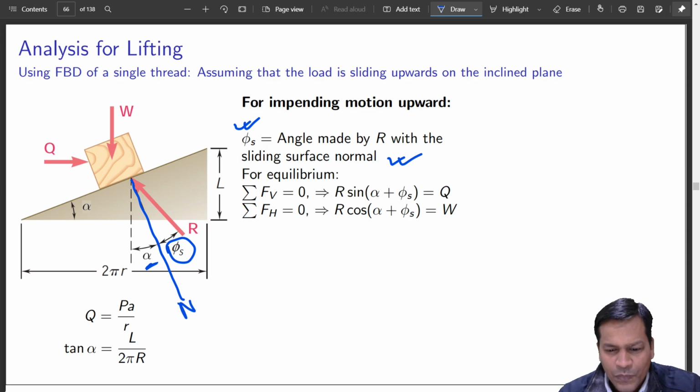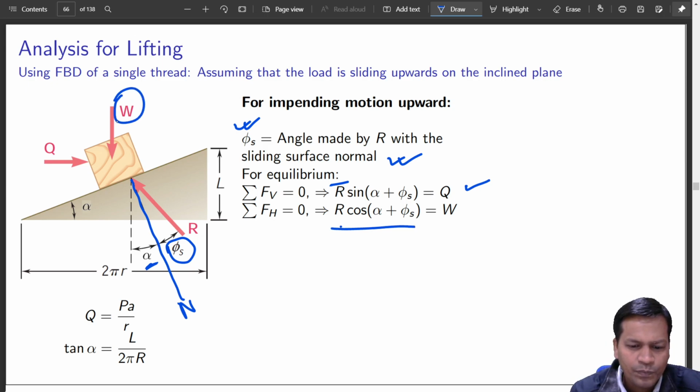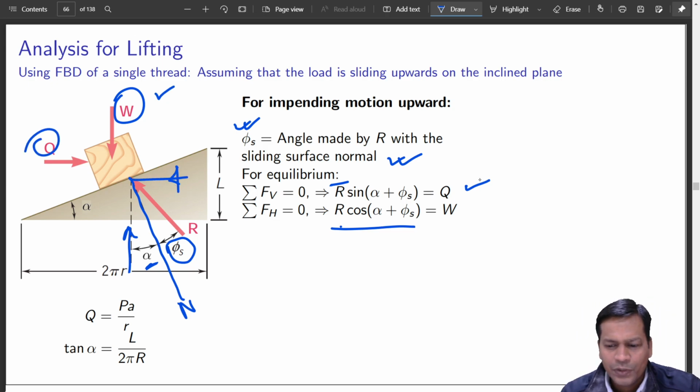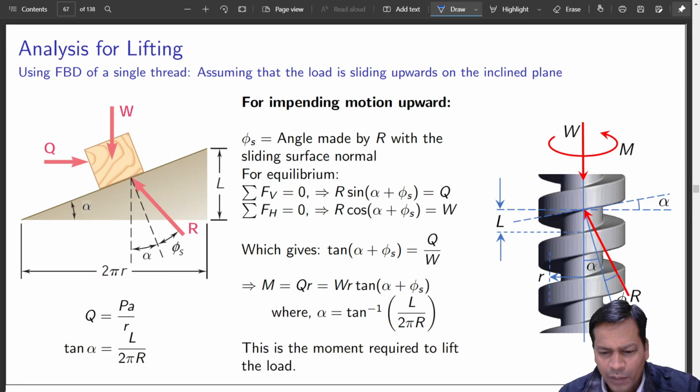Okay. So now you can resolve all your forces. Now R sine of alpha plus psi s is equal to Q. Cosine of this will be supporting this W. Cosine, that is this one, will support this. Sine will support this. Clear? So using these two, now I will move ahead.